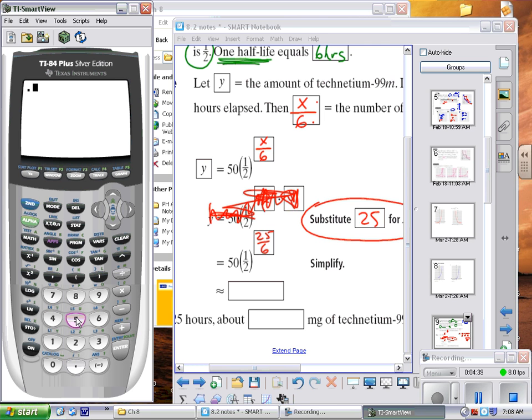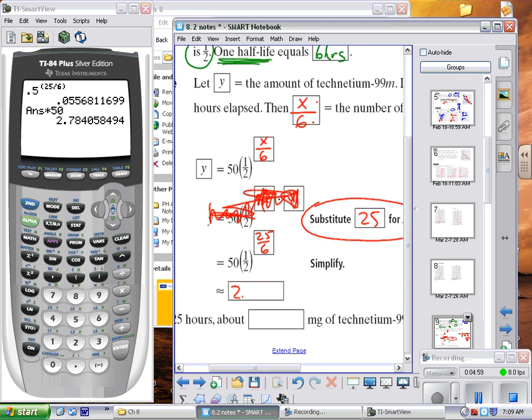I'm going to enter 0.5 for 1/2, caret, then parentheses, 25 divided by 6. Get that number, multiply by 50, and that's how much we have left. We have 2.78, so approximately 2.78.